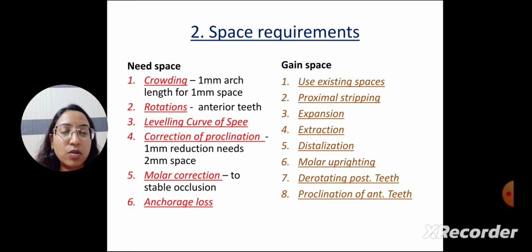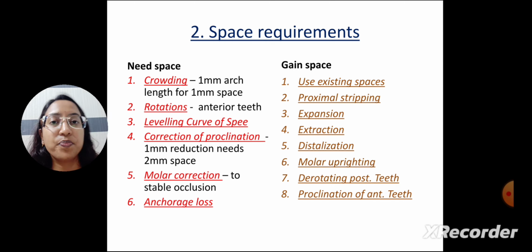Or for narrow bases, we can expand the arch and gain space. Extraction is considered for a larger space requirement, like 7 to 14 mm. And not only for intra-arch malocclusion, for some inter-arch corrections also, we tend to extract teeth.